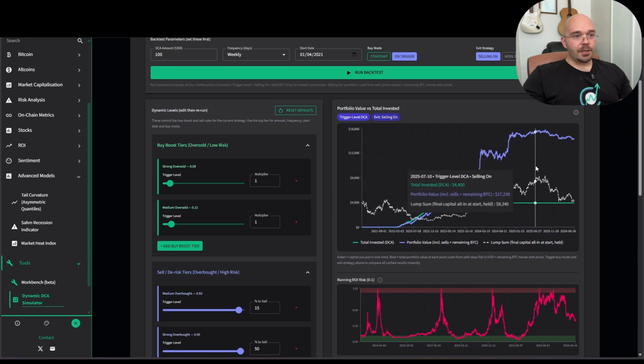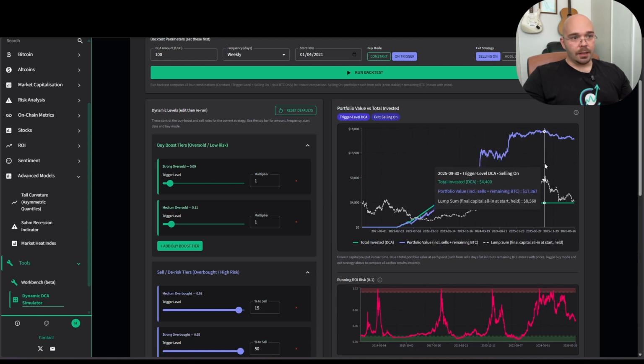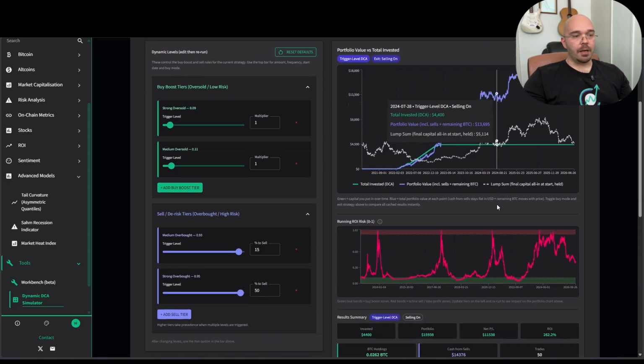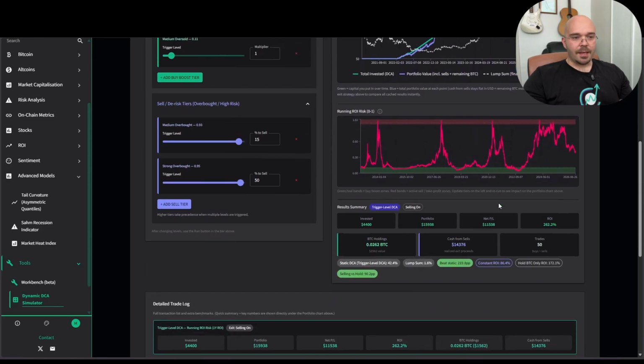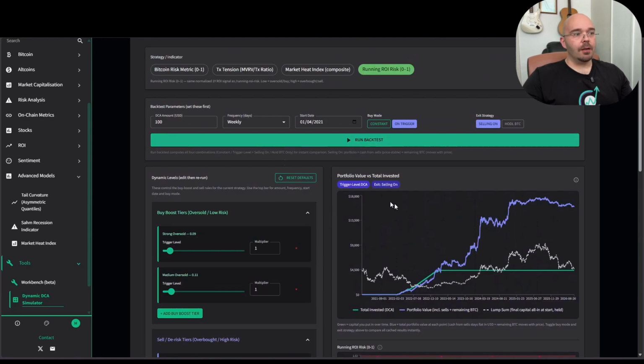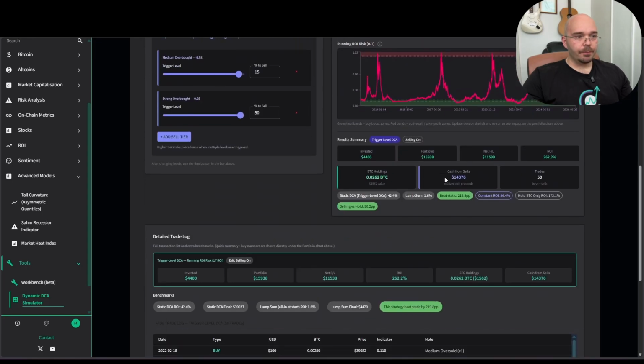So the portfolio actually peaks out at about 17,000. And as Bitcoin comes back down again, because everything wasn't sold, you're still holding some, you end up with 16 grand, which is 4 to 16. That is an ROI of 262% if you were to follow this strategy on this risk metric.